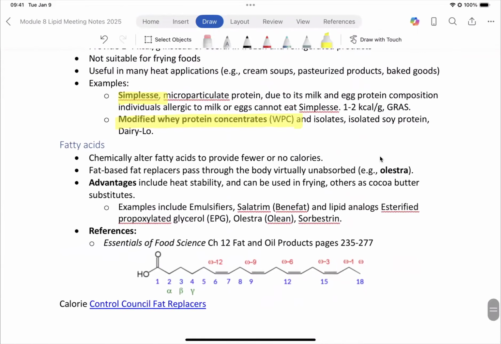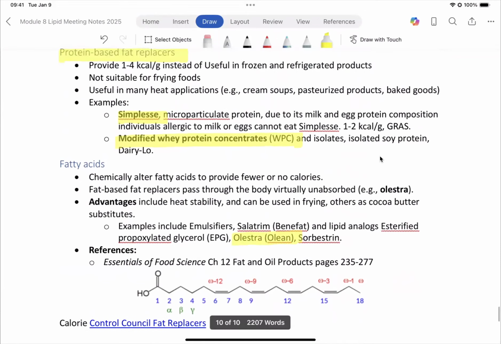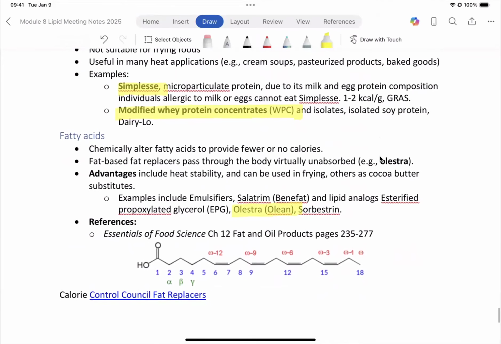But the one that got all the press was Olestra. The problem with these chemically altered ones is what goes in goes out. What they called anal leakage is the way they described it. Because it's heat stable, you could fry stuff in it, but it had a strange mouthfeel to it. I think it's off the market now.